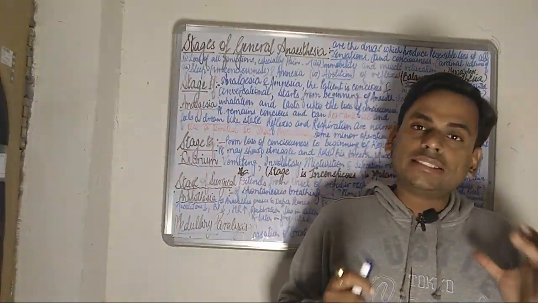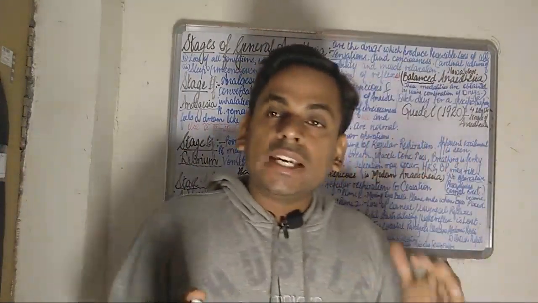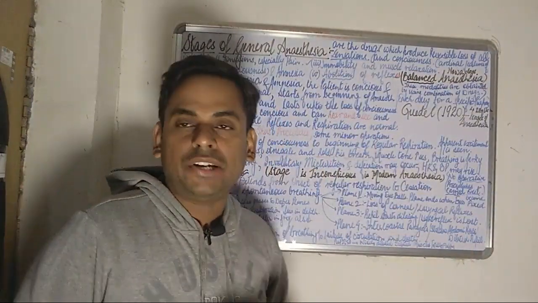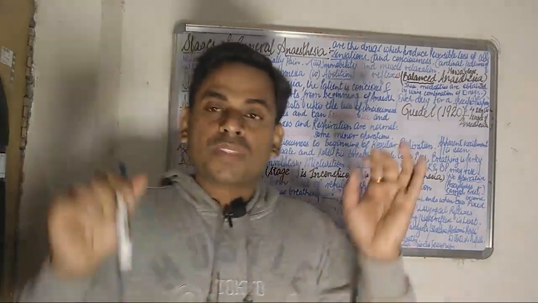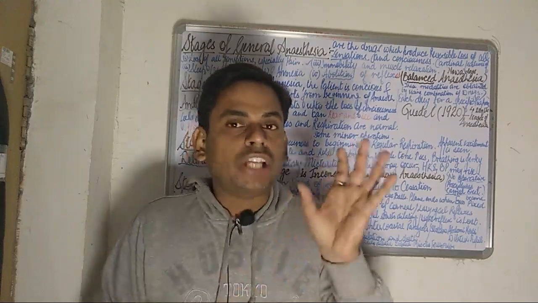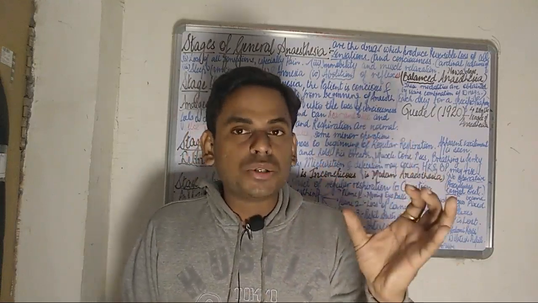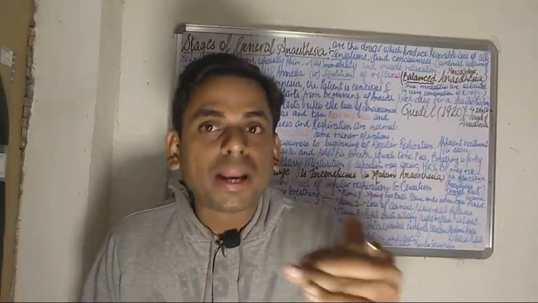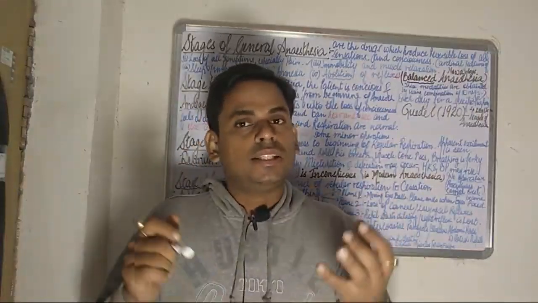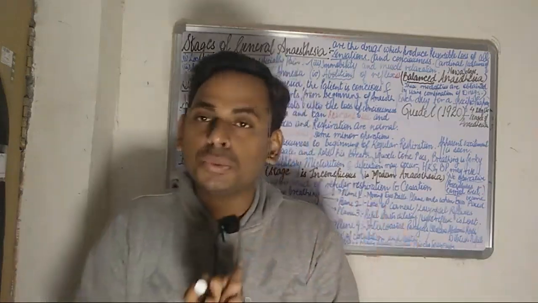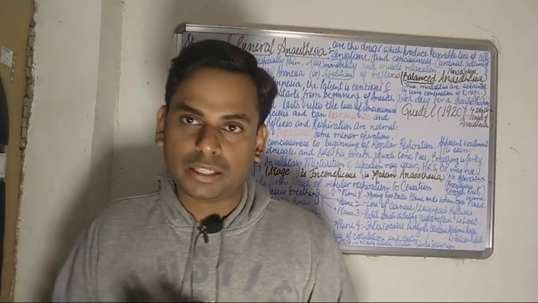So general anesthetics cause an irregularly descending depression of the central nervous system. What this line actually means is that general anesthetics cause an irregular depression of the CNS. The CNS of our body comprises two things, the brain and the spinal cord.